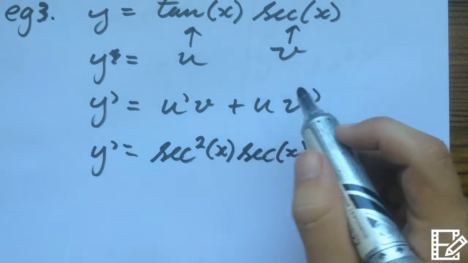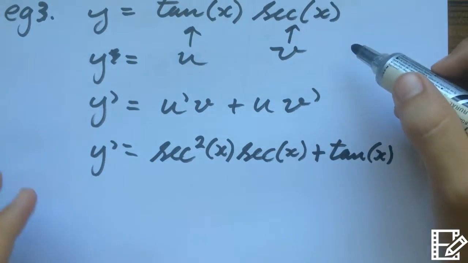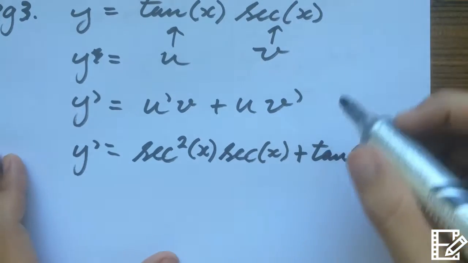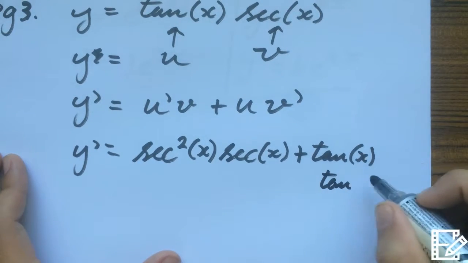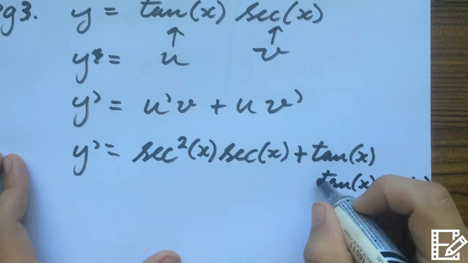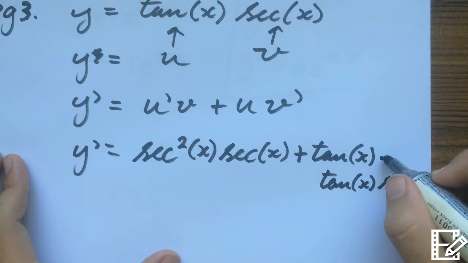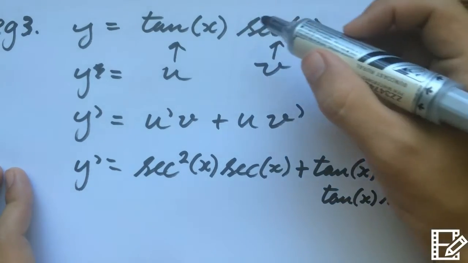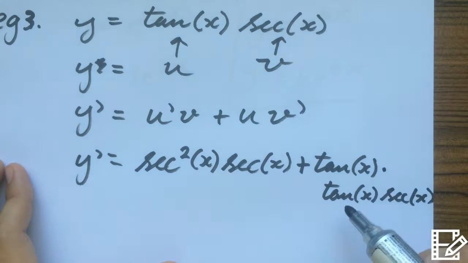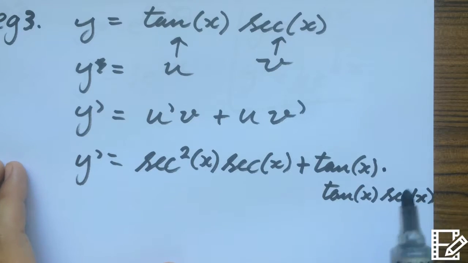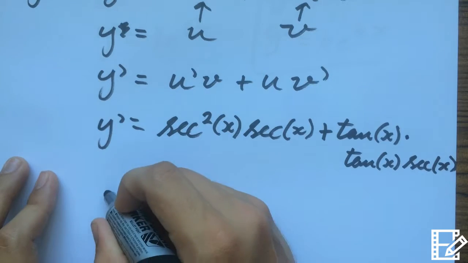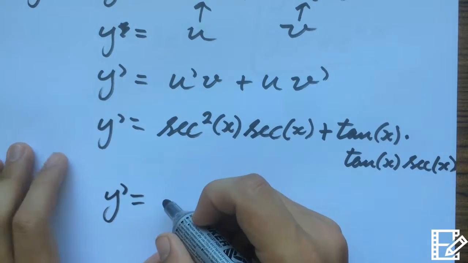The derivative of v, if v is sec x, I'm going to write it down here because I'm running out of room, but the derivative of sec x is tan x sec x. And that might seem a little bit confusing. That's a multiplication because I'm multiplying it to this. But when you derive tan x, you get sec squared x. If you derive sec x, you get tan x sec x. It's just how it is. I'll do a proof video on that, but I'm not going to explain why that is now.